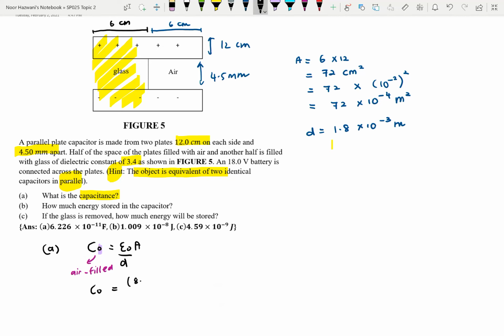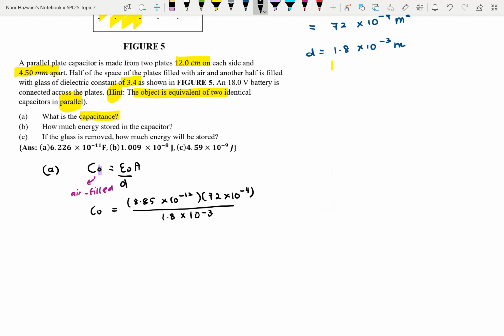So epsilon naught is free space permittivity 8.85 times 10 power of negative 12. Area is 72 times 10 power of negative 4. And then you divide with 1.8 times 10 power of negative 3. So your punya capacitance is equals to 1.416 times 10 power of negative 11 farad.